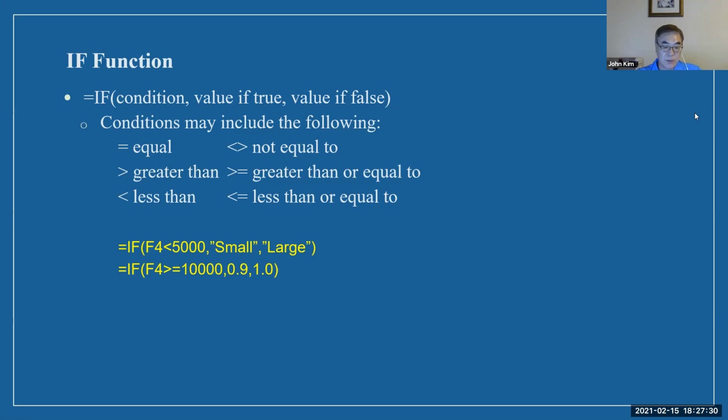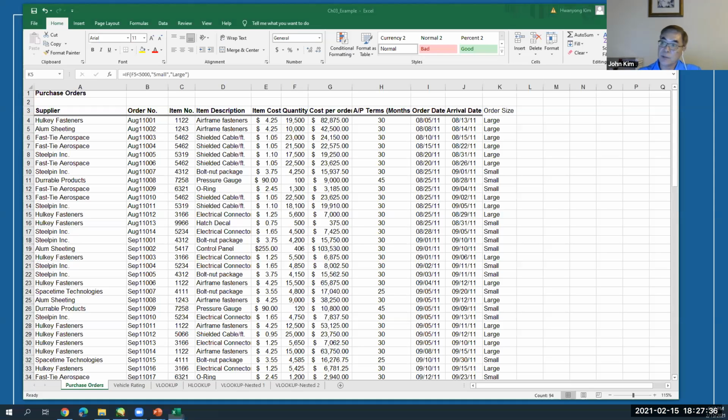So here, I will type discount. Here the boundary is 10,000.